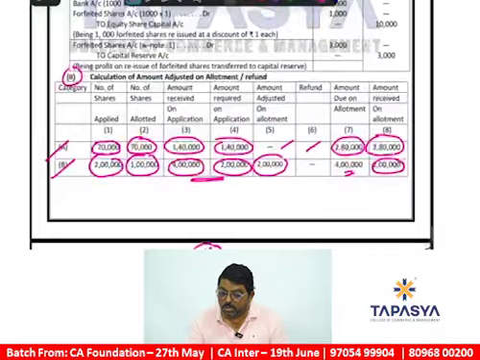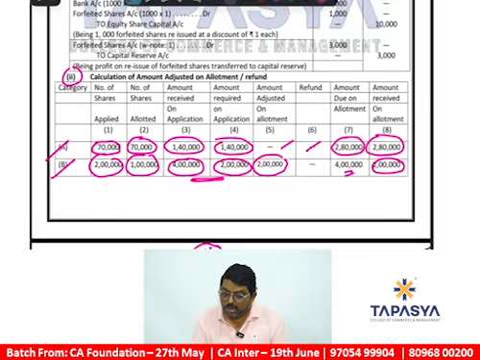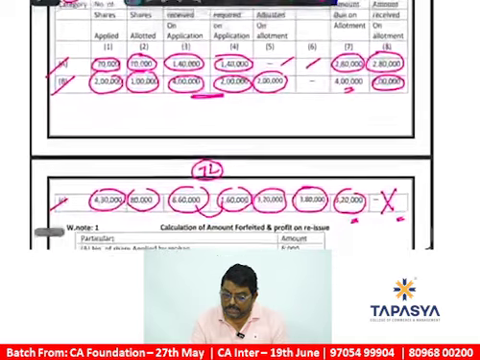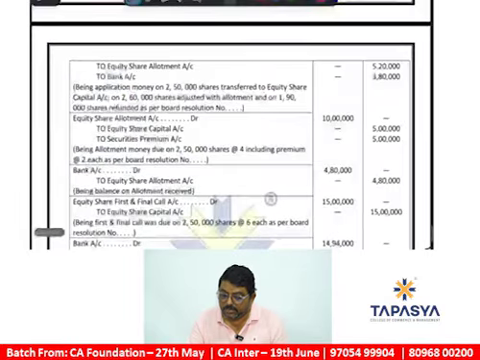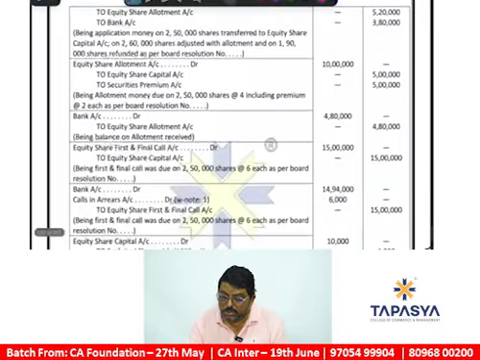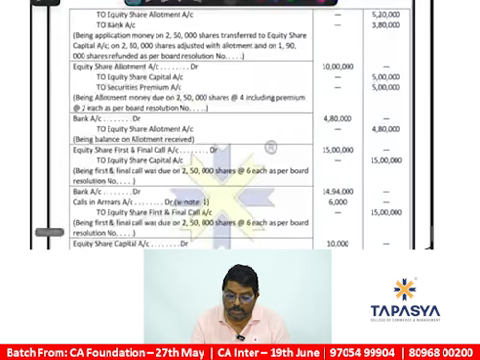We will check it. Go to the allotment and refund. Okay, how much refund has taken place? So amount adjusted for allotment, you can see here: 2 lakh plus 3 lakh 20,000, 5 lakh 20,000 adjusted for allotment.